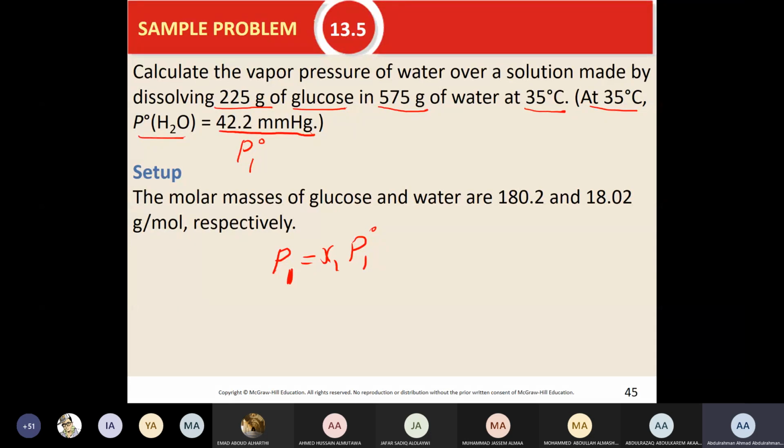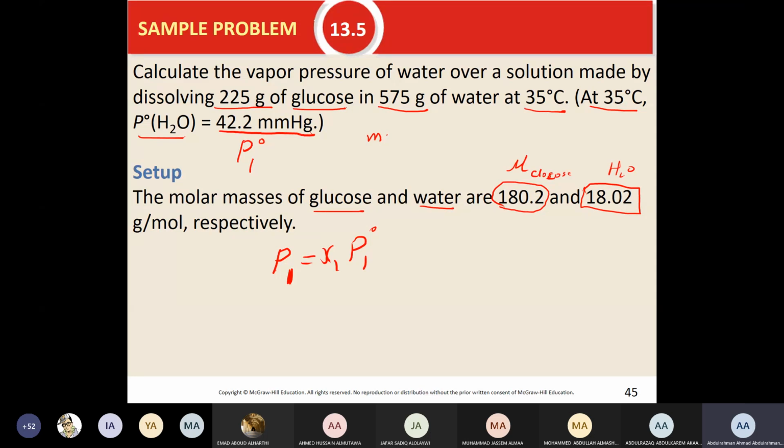What's the first thing you're going to do? Calculate X1. Don't forget the molar mass of glucose is 180.2 and the molar mass of water is 18.02.